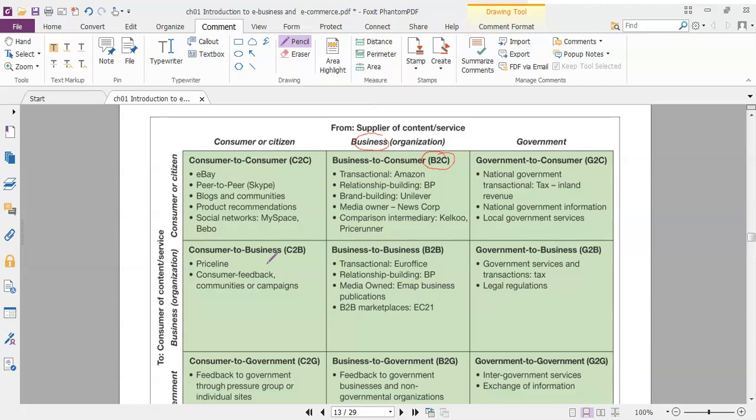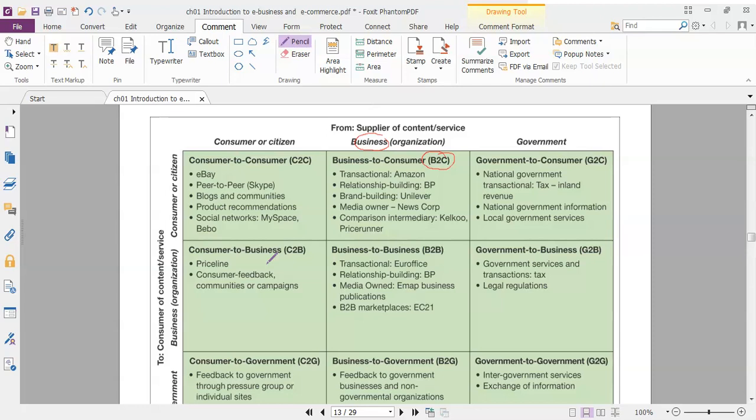So they need the feedback from the consumer. It's very important to them. If you have some complaint, some bad experience using that application, especially e-commerce or e-business application, you need to comment to them, to give feedback to them, right?